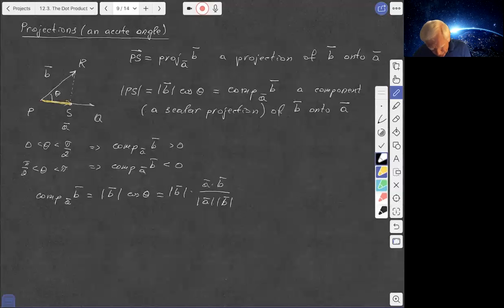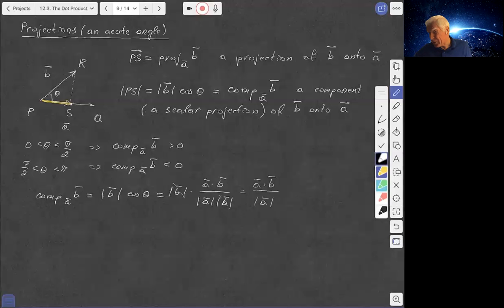And now canceling out these expressions, we get that the component is equal to the dot product of vectors A and B divided by the magnitude of the vector A. So now you do not have to know the angle between the vectors to find the component, or the scalar projection of the vector B onto A.